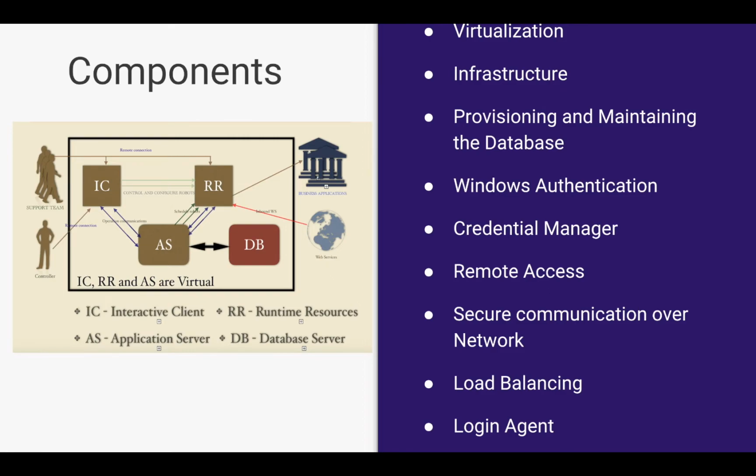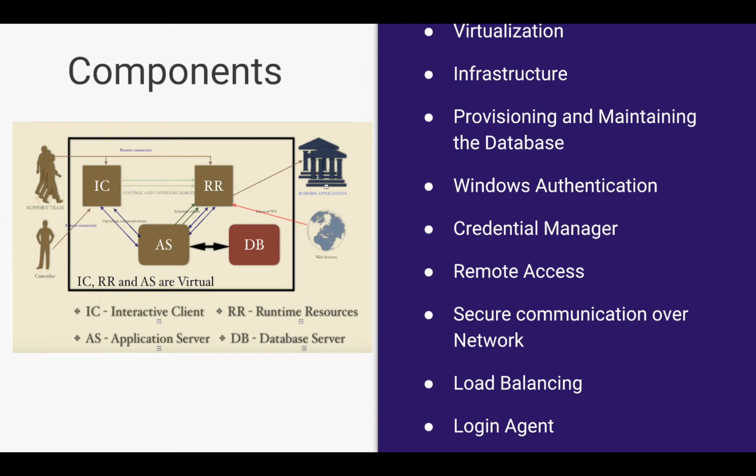Then secure communication over network, as I touched a bit in my last video. All the components, if you see on the left side of the screen in the diagram, all the components of a Blue Prism implementation communicate over the network, like the interactive client communicates with the runtime resources over a network.